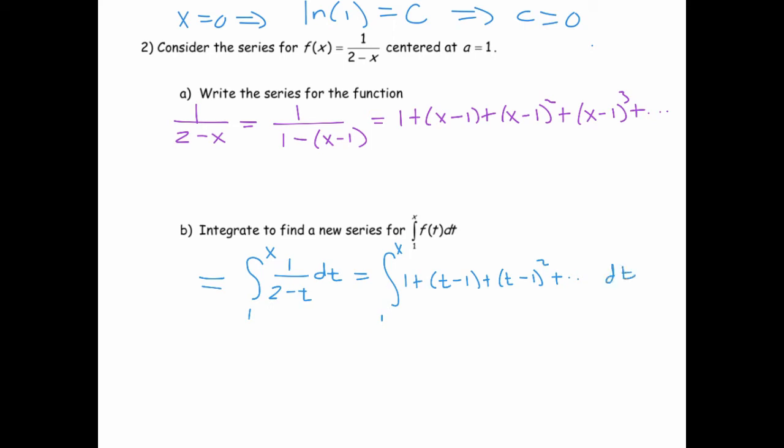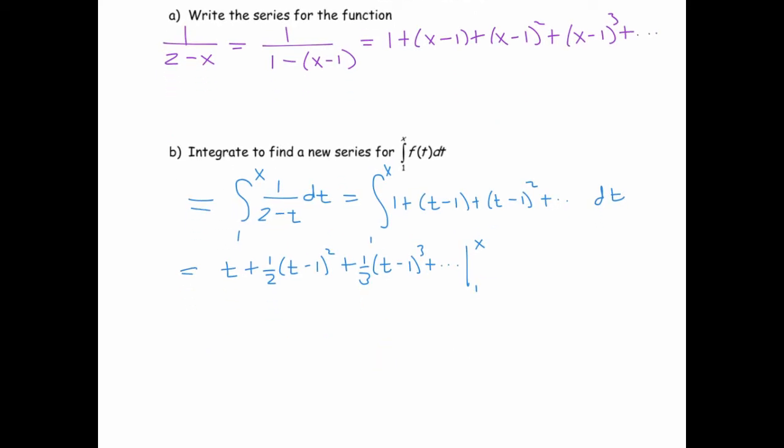And now if I apply the fundamental theorem, you take the antiderivative term by term, you get t plus 1/2 t minus 1 squared plus 1/3 t minus 1 cubed, etc., evaluated from 1 to x. And that gives you x plus 1/2 x minus 1 squared plus 1/3 x minus 1 cubed, etc. So that would be when you plugged in x.